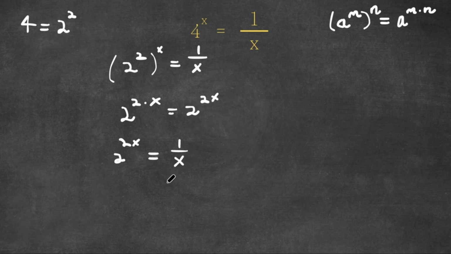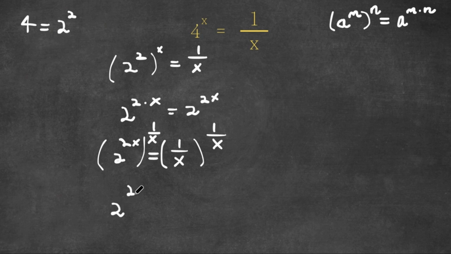Now what I'm going to do is take the power of 1 over x on both sides. So we have 1 over x to the power of 1 over x is equal to 2 to the power of 2x to the power of 1 over x. And remember, if we have something in the form a to the power of m to the power of n, this is equal to a to the power of m times n, meaning 2 to the power of 2x to the power of 1 over x is going to equal 2 to the power of 2x times 1 over x.